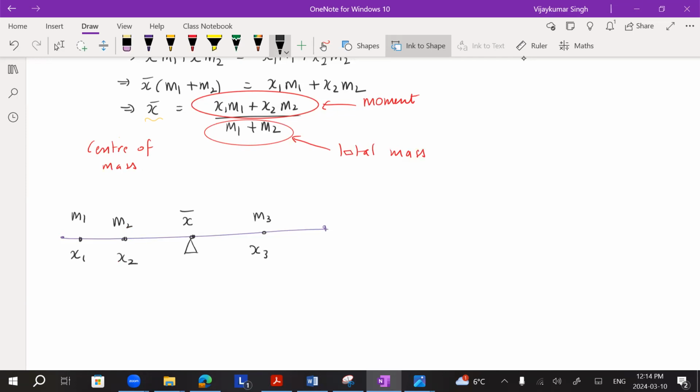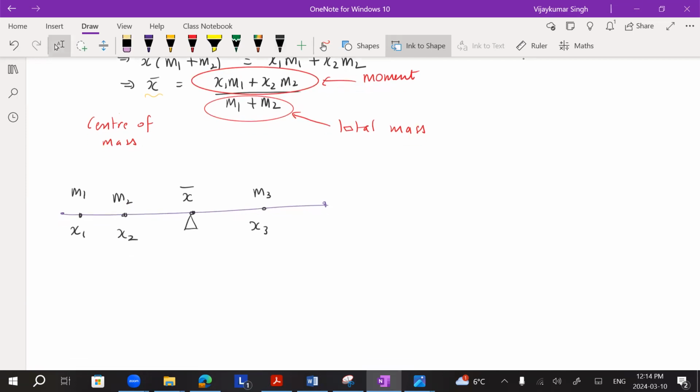And the question is, what should be the position of this x bar so that the whole rod gets balanced? Again, using the same idea from above, we get x bar minus x1 times m1 plus x bar minus x2 times m2 equals x3 minus x bar times m3.